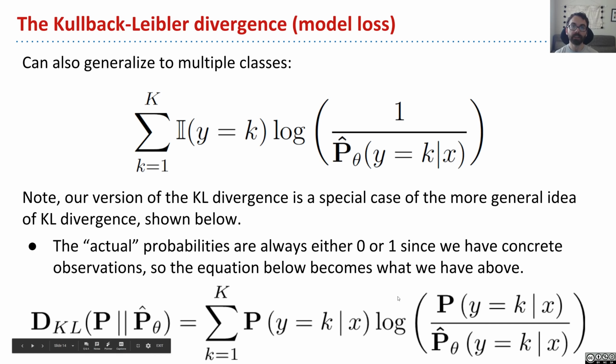Okay. To make that a little more clear, there is a general idea that goes far beyond the scope of our class, and this is the definition of the KL divergence. In our specific case, where we have concrete observations and predicted probabilities for the class, this expression basically just reduces to what we have on top.